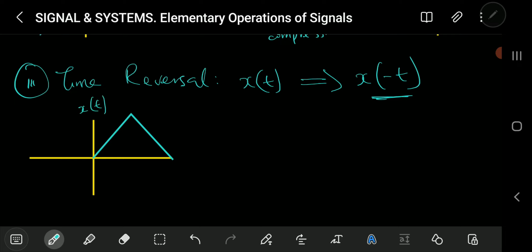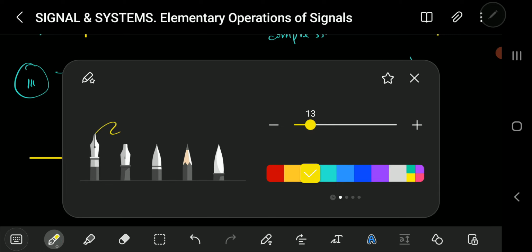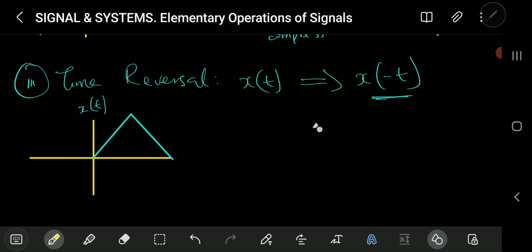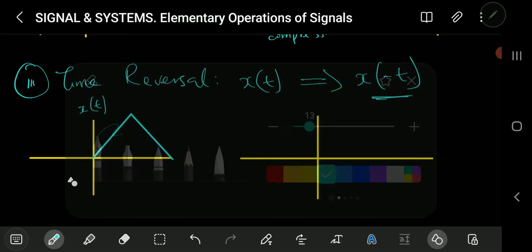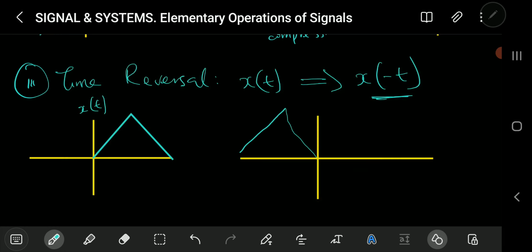Now, if I should mirror it along the y-axis, it's going to look like this. Okay, so let me make it better. So what we are having here is going to be our x of minus t.